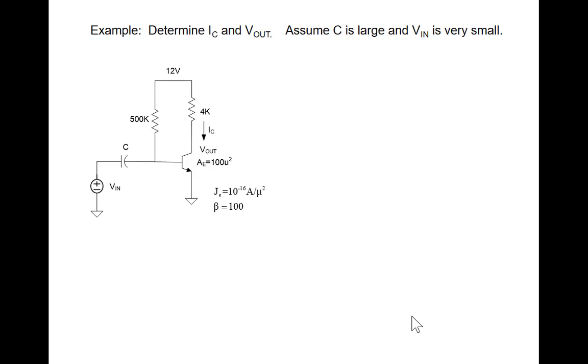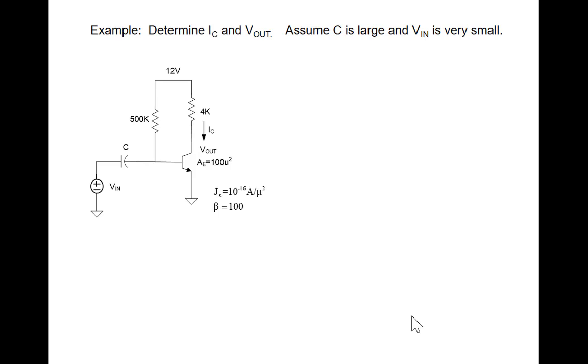Here's another circuit. I'm going to want to interpret IC and V out. I'm going to assume C is large and the V in is a very small sinusoidal voltage. It's so small, I'm going to assume it's a short circuit. How do I analyze this circuit? What's the current through the capacitor?